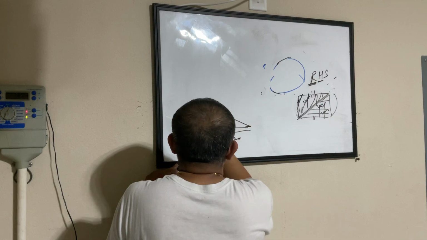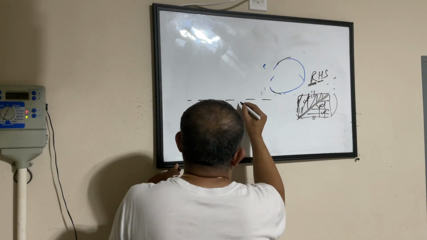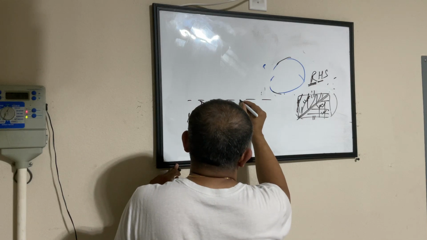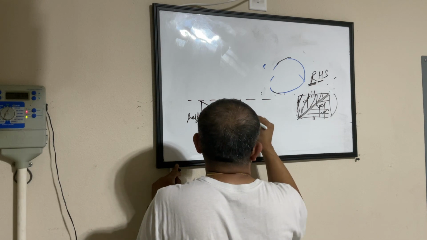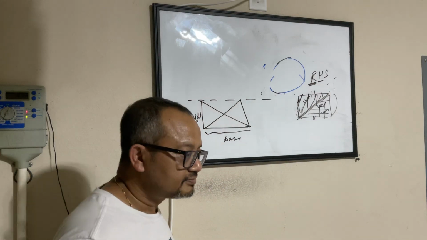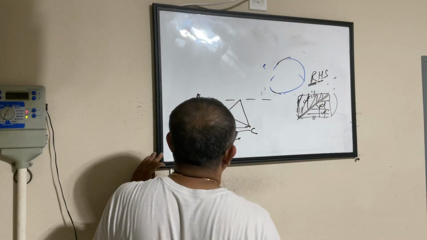Let's say I draw a parallel line through this point, and pick up another point, and I join this. So I have a triangle ABC.